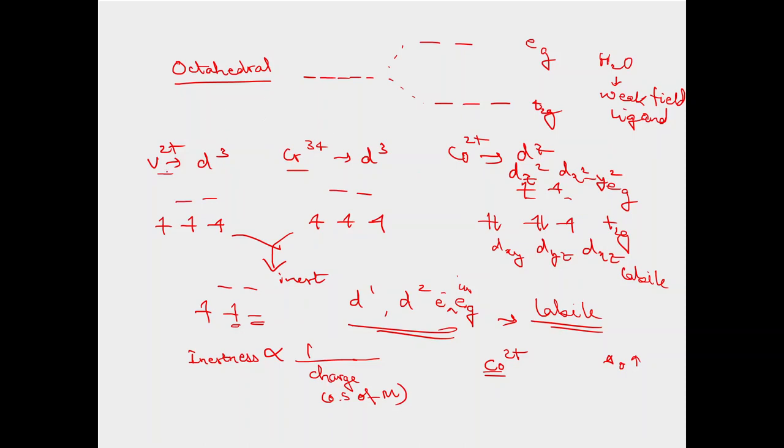So these two we can compare on the basis of their oxidation state. Here vanadium is in +2 oxidation state, whereas chromium is in +3 oxidation state.